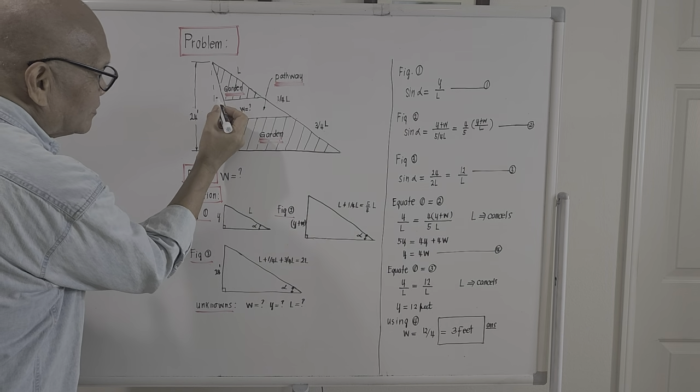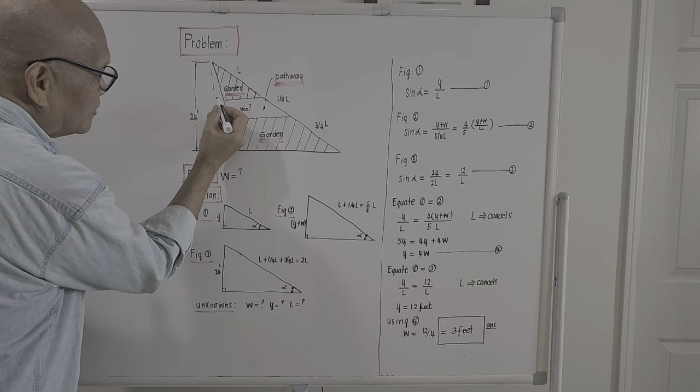Okay, from the representation, this height here, I designate that one as Y. For the meantime, we do not know the value of this one. So if I bring out the first smaller right triangle, it will be this.